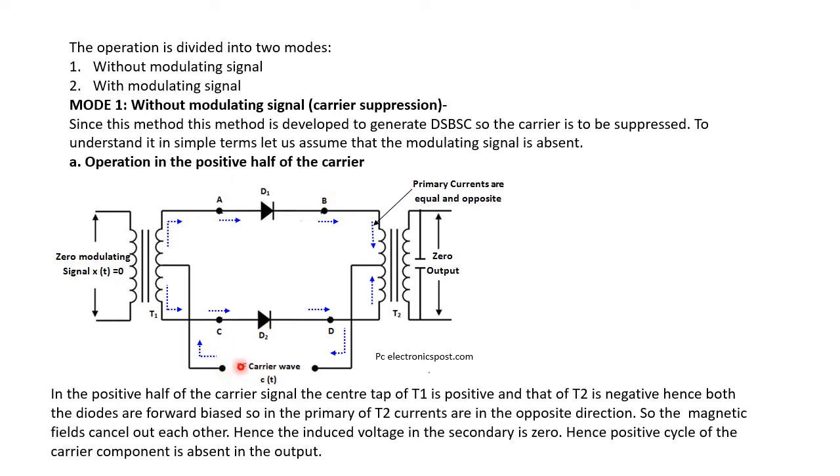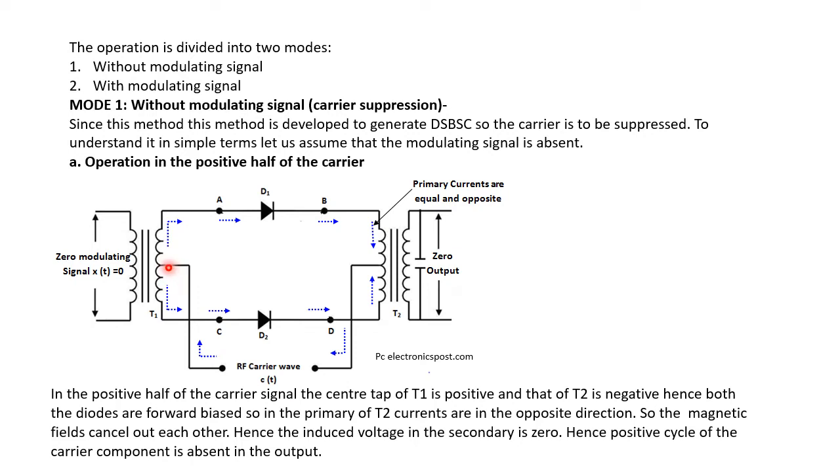Suppose the positive half of the carrier wave is being applied, and for this half of the wave, suppose the left part or the terminal which is connected to the transformer T1 is positive, and the second terminal which is connected to the center tap of transformer T2 is negative. This is the case when we are considering the positive half of the carrier wave.